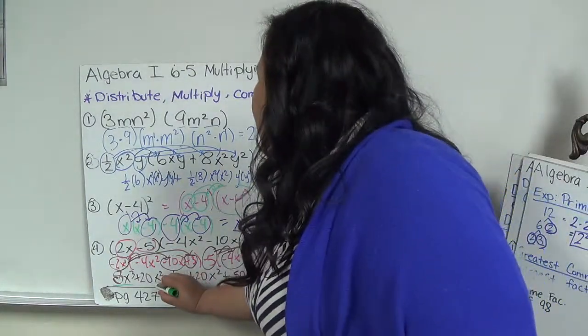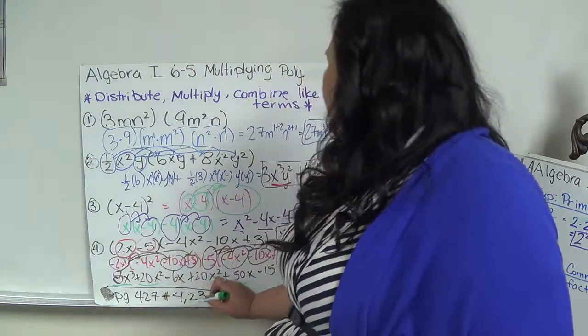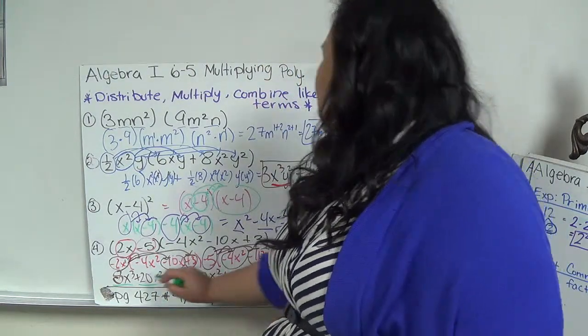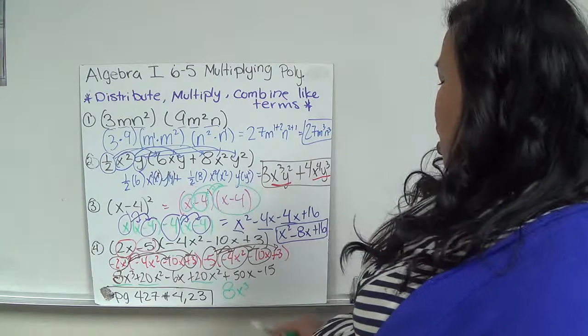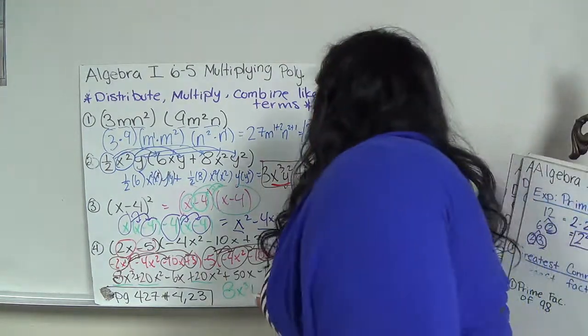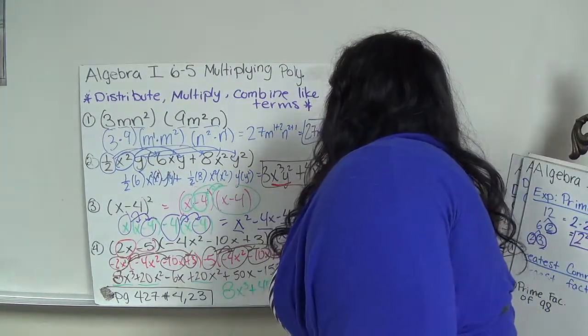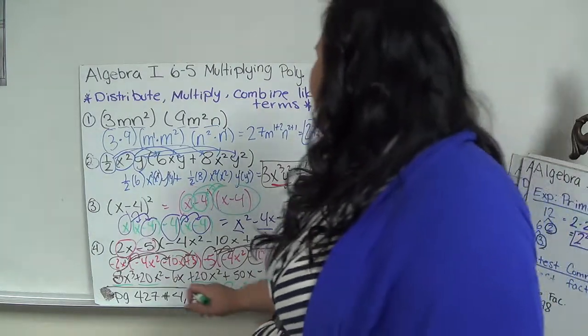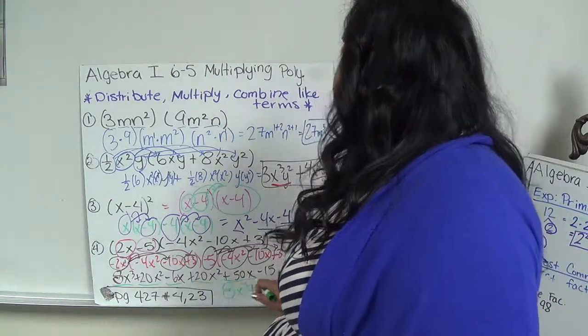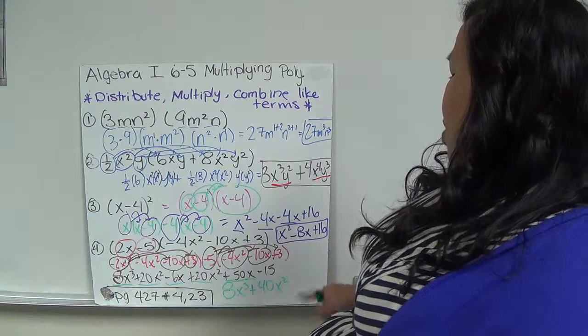So this is an x squared right here. Is there any other x squared? Well, there's another x squared. So 20 plus 20 is a 40x squared. Is there any other x squareds? No. So we have plus 40x squared. And then we have a negative 6x plus 50x, but no other x's.